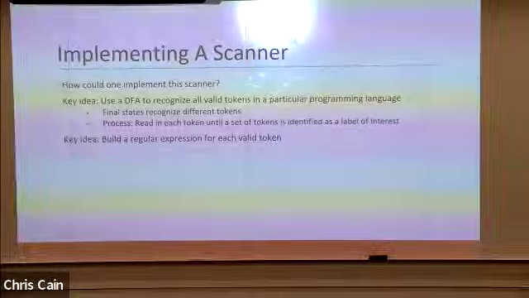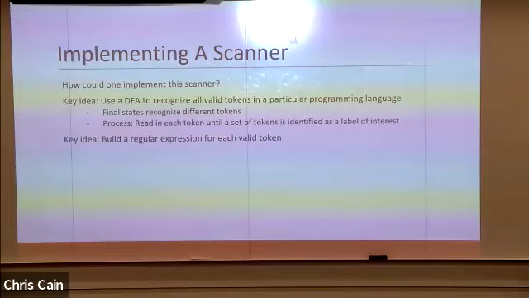Is there any valid Java token that's something like 1A at 6? That doesn't map to anything in the Java programming language. So we need some way of saying this is not a token. So we would have either a DFA or a regular expression that would allow us to say this is either a valid token or an invalid token.